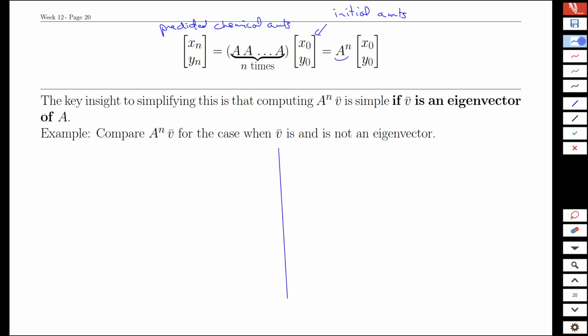However, we see that when we are trying to compute A to the n times a vector, there's two ways that can go.